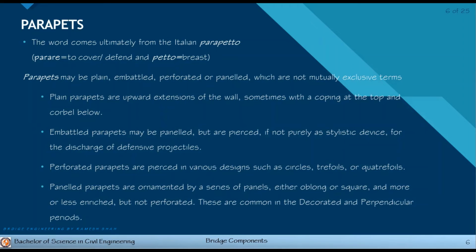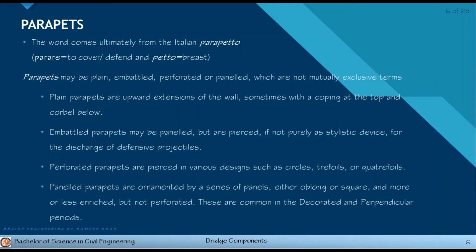So, parapets may be plain, embattled, perforated, or paneled, which are not mutually exclusive terms. Plain parapets are upward extensions of the wall, sometimes with a coping at the top and corbel below. Next is embattled parapet, may be paneled, but are pierced, if not purely as a stylistic device, for the discharge of defensive projectiles.